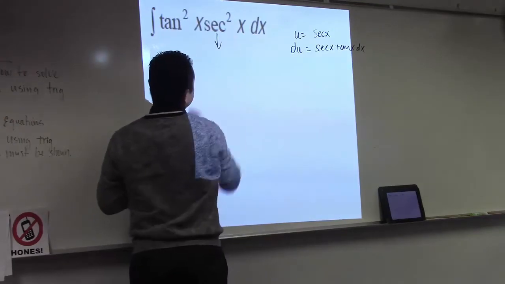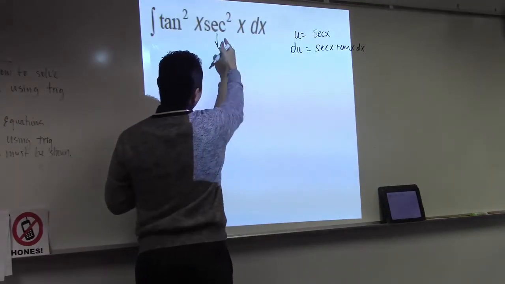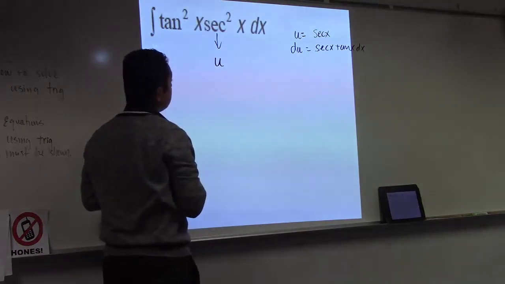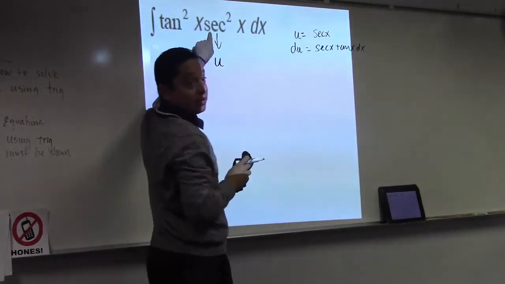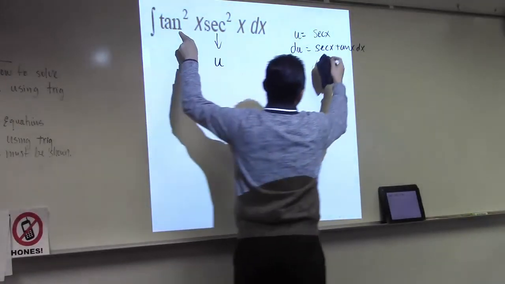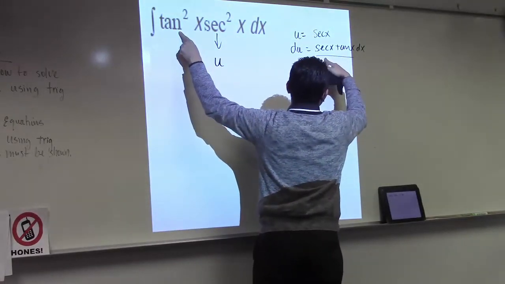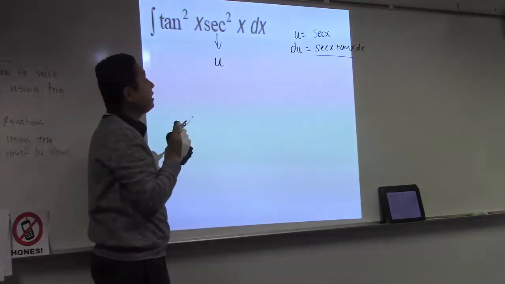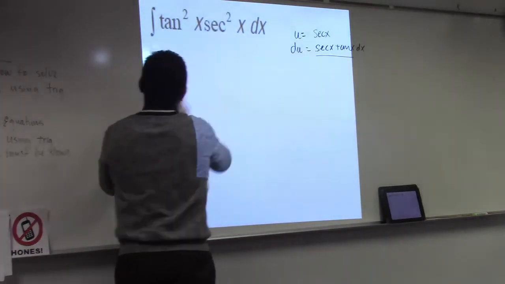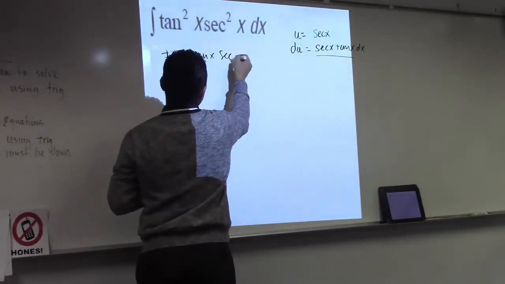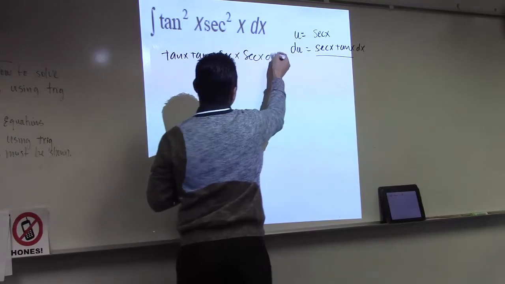One of those would become one u, and I still have one secant, and I still have a tangent squared. So from here, I can replace the secant in one of the tangents. But I would still have, let me write all this, tangent x, secant x dx, right?